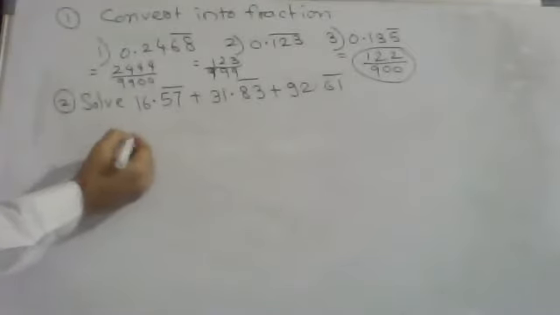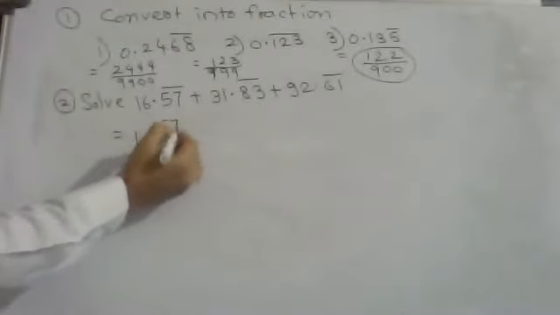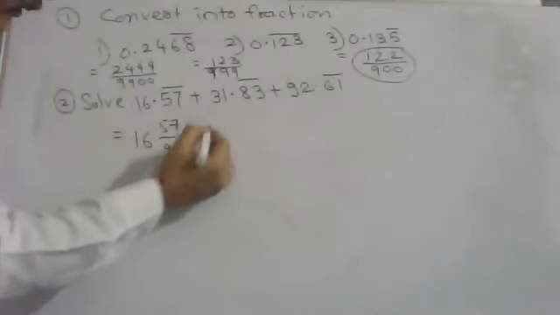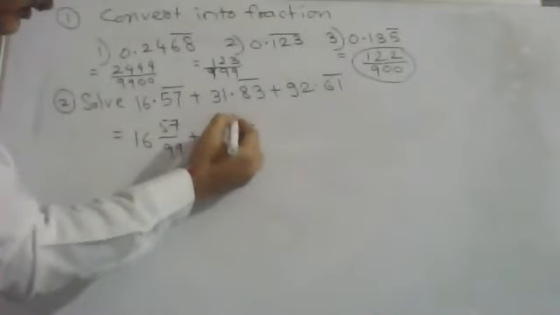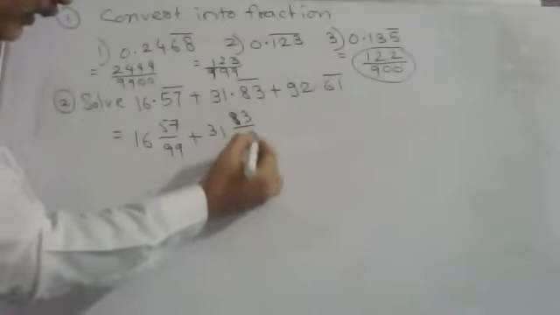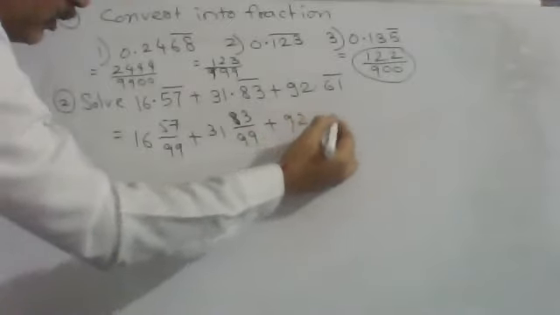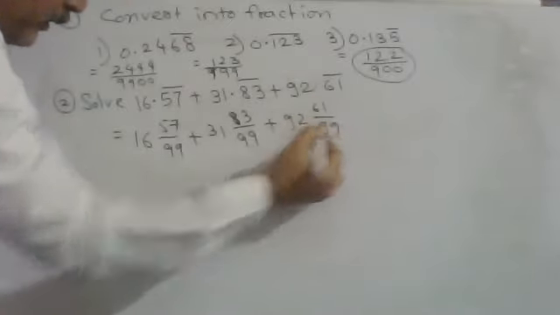This will be like this: 16 and 57 upon 99, plus 31 and 83 upon 99, plus 92 and 61 upon 99.